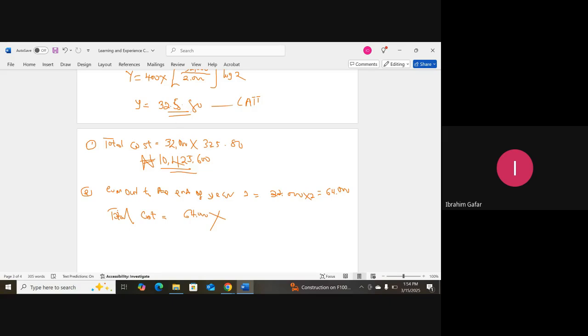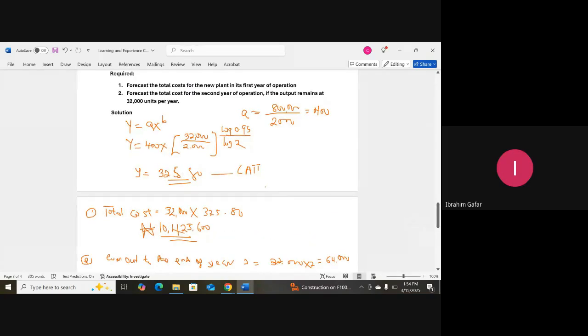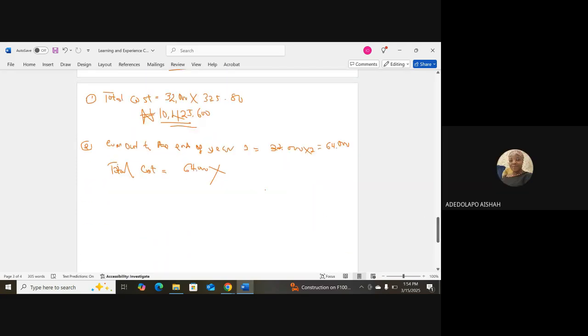You can use the formula. You discover that the cat will not be this one again, because the first time we made use of 32,000, but this time we'll be using 64,000. So what's your cat? 309.51. How do you do it?